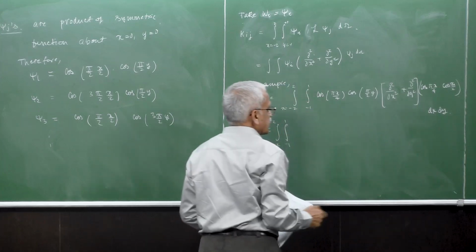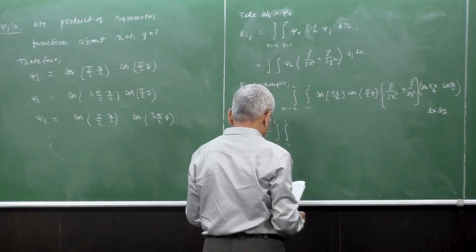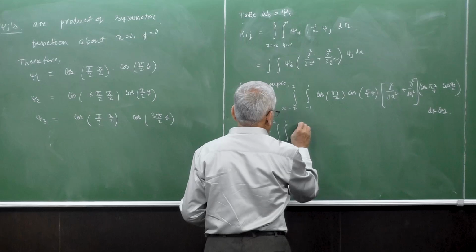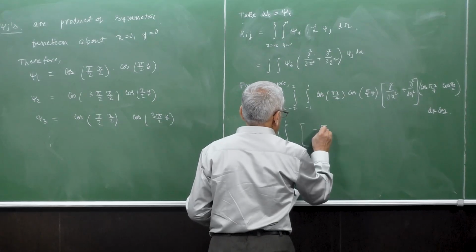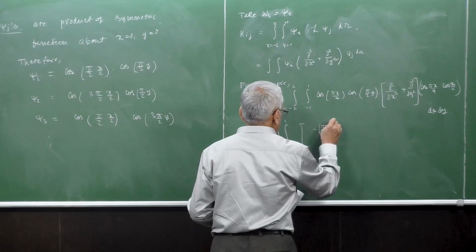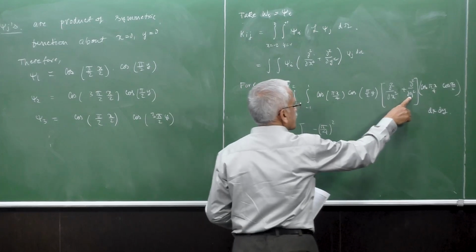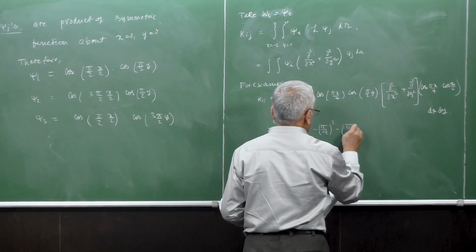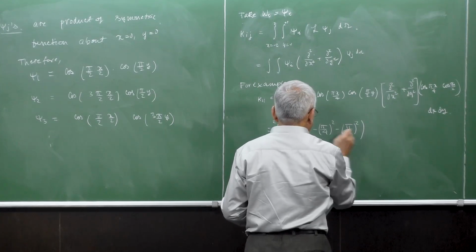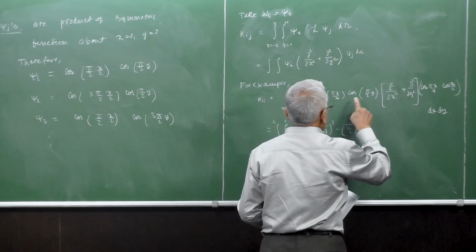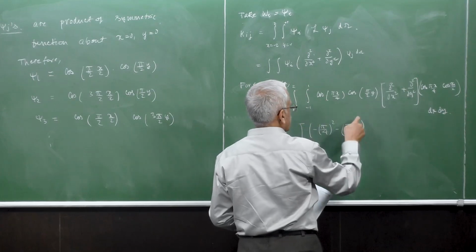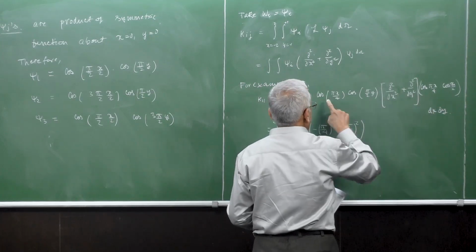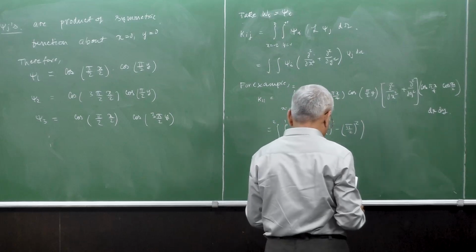That means it is minus pi by 4 squared. Similarly, we also have it about y, so it is pi by 2 squared, and this comes here as well.